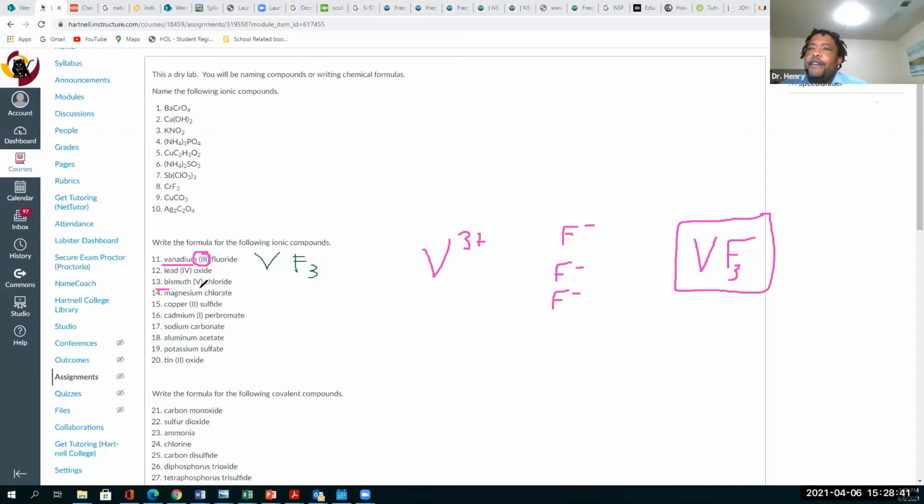Bismuth V chloride. So break it down for me, Chuck. Show me those skills. Hang on. I couldn't find bismuth. Oh, here it is.